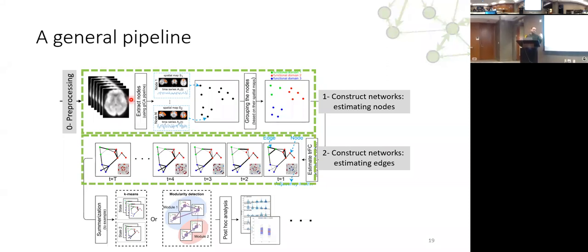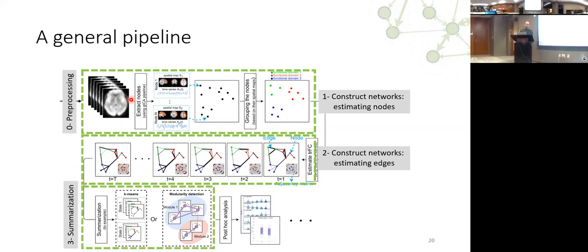One issue that I'm not going to talk a lot about here, but it exists, is that it results in a lot of data, which makes sense because we have subjects and we have time. But we have to summarize it. You cannot just publish all of the networks. You have to summarize it in such a way that captures some of the aspects that we care about. There are many methods to do that, a lot of them based on network science. Here I generally use k-means, because the focus is mostly on the second part.